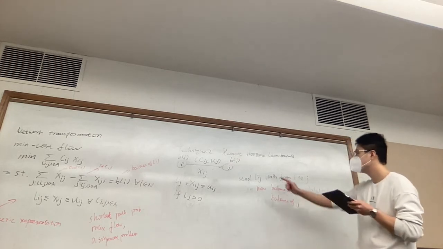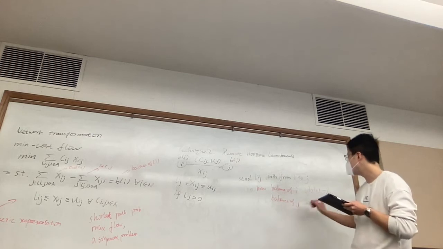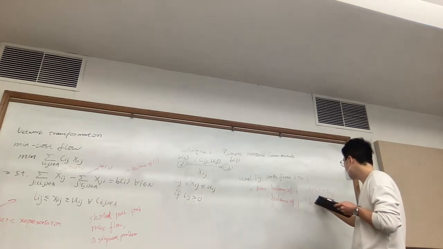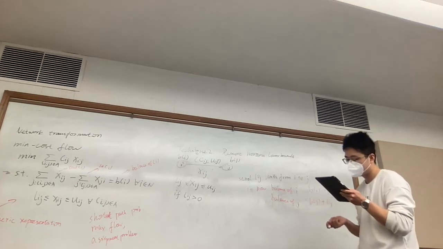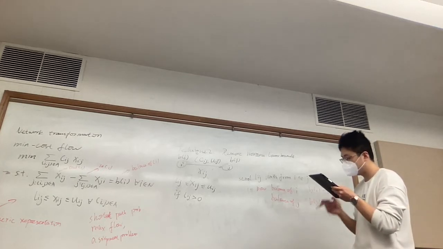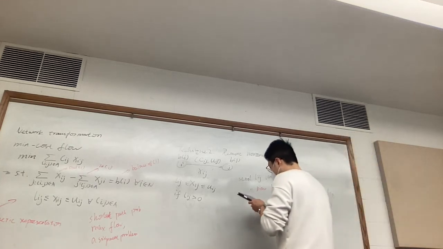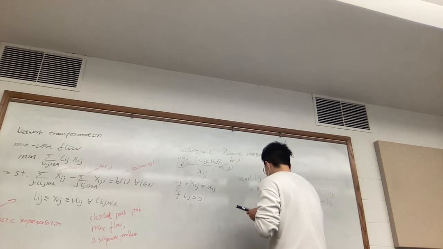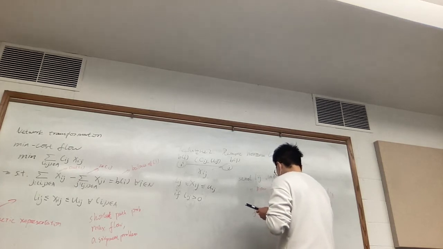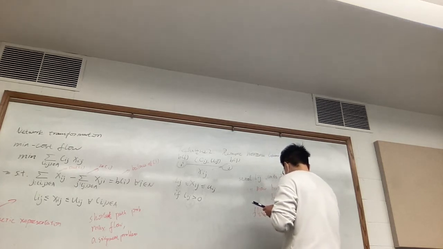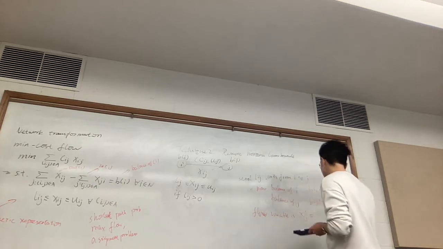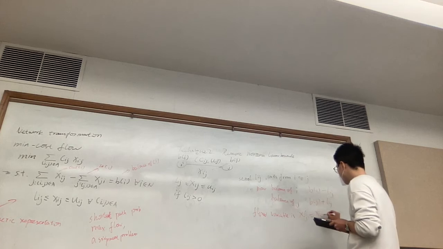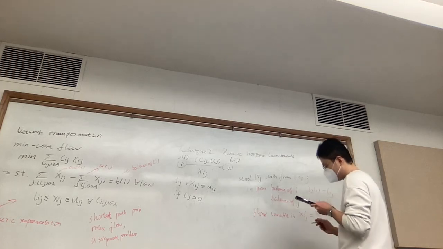And accordingly, the balance of J now becomes Bj plus Lij. And the flow variable, say Xij prime, should just be Xij minus Lij.